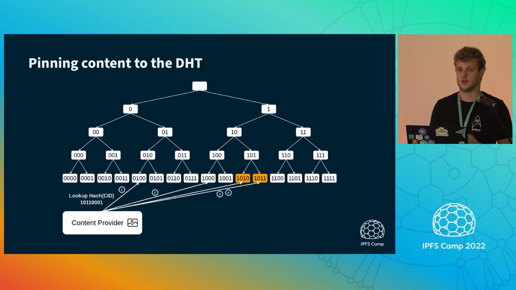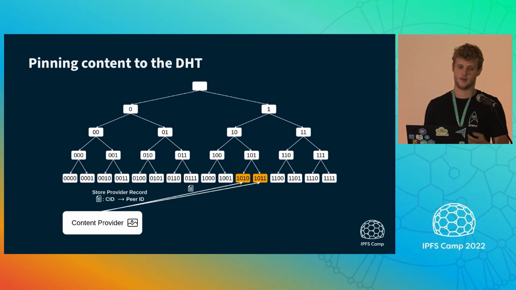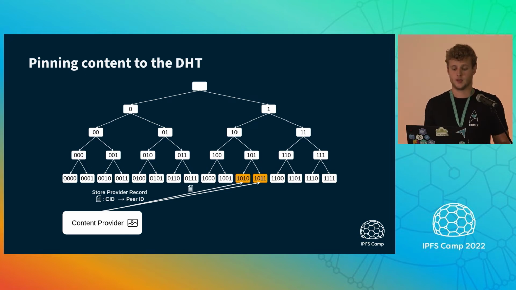And eventually I'm going to find the closest peer IDs to the hash where I want to store my provider record. And then once the request has converged, I will simply ask these peers, okay, can you please store this pointer for me, so that anyone that is looking for this content can then in turn ask me for the content.